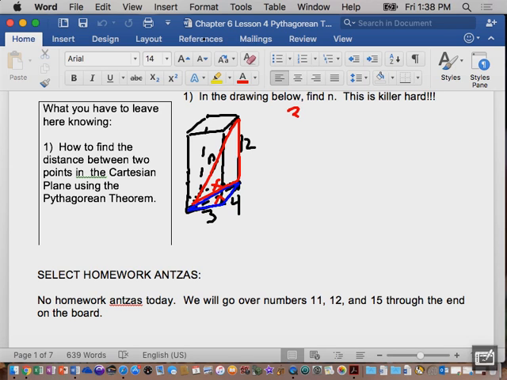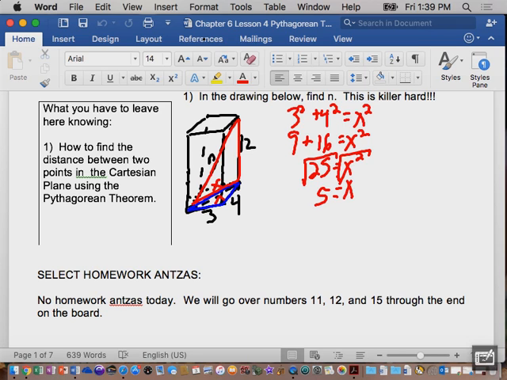So 3 squared plus 4 squared, leg squared plus leg squared, equals hypotenuse squared, which is x squared. 3 squared is 9, 4 squared is 16, 9 and 16 is 25, and we now need to square root, so x is 5. And that means this side here has a length of 5.